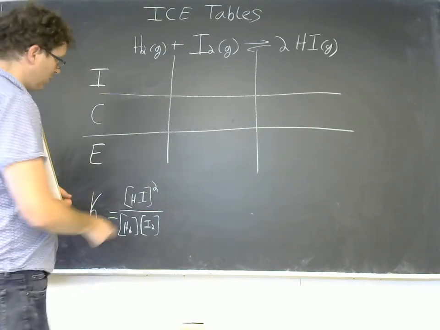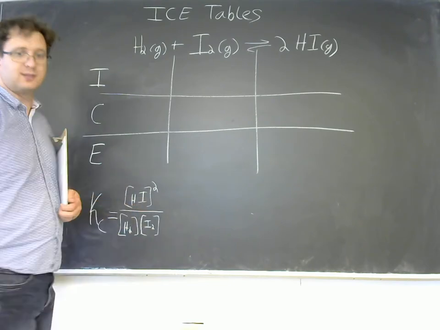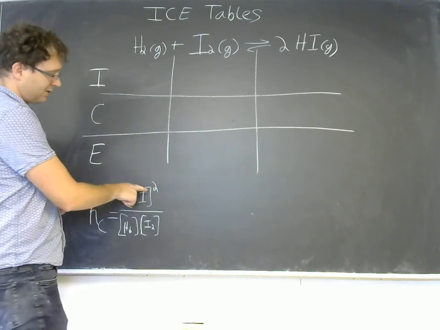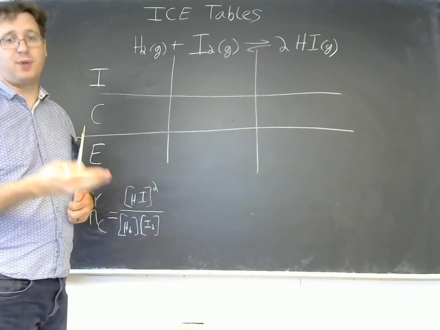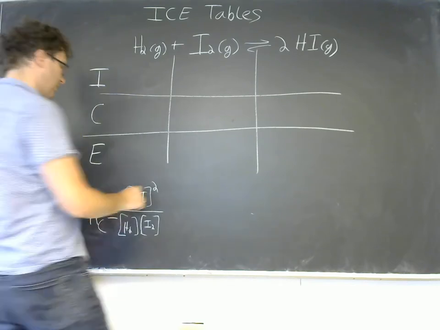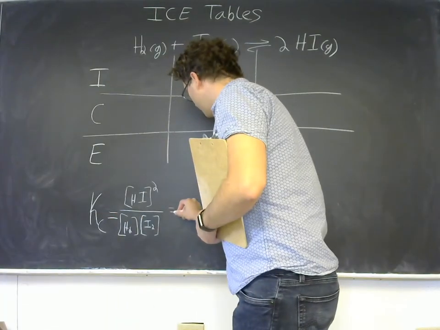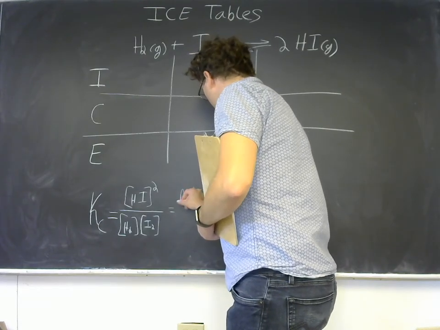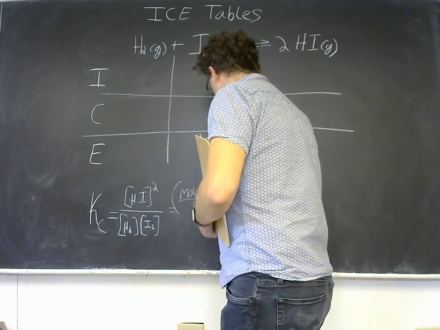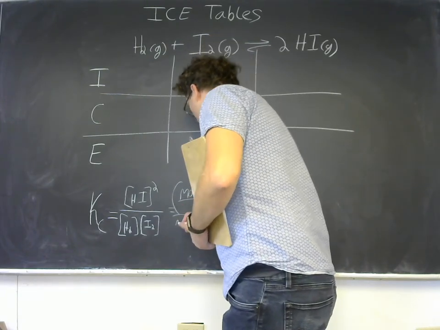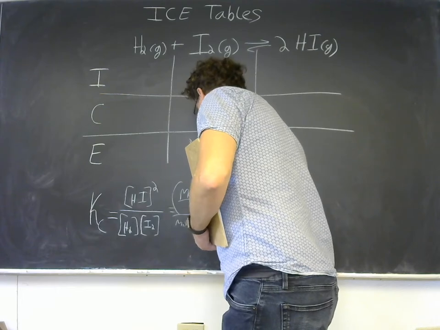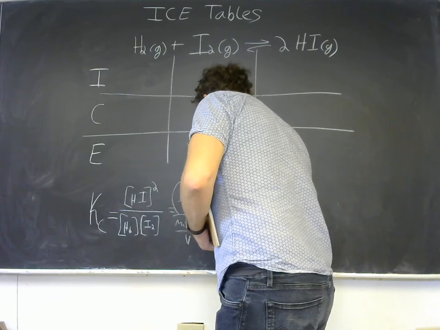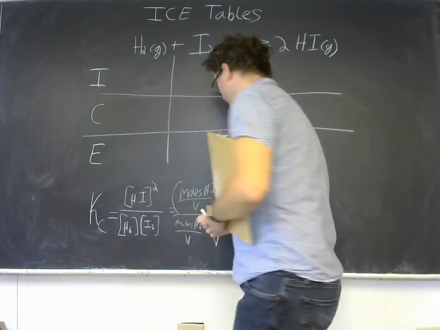Or you could use the molar concentrations, or we could recognize that each of these concentrations is moles divided by volume. And so if I wanted, I could say this is moles of HI divided by the volume, squared, over moles of H2 divided by the volume, and moles of I2 divided by the volume.